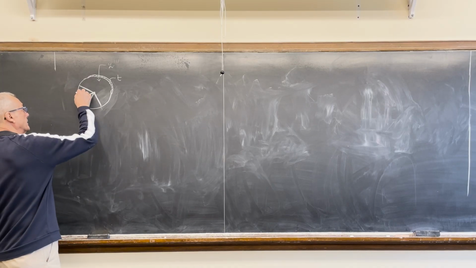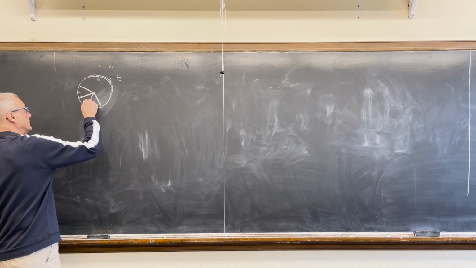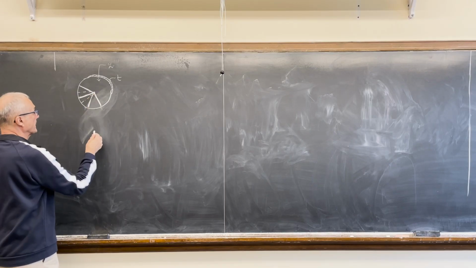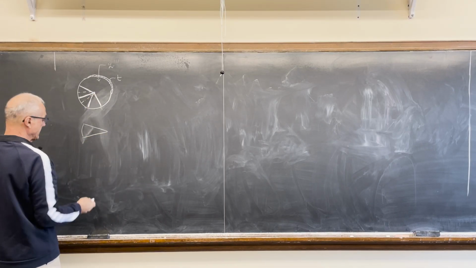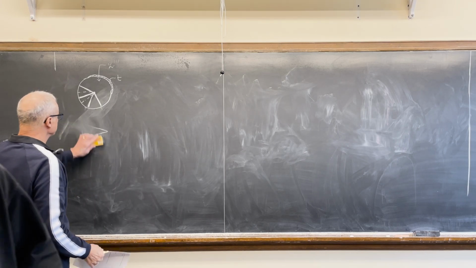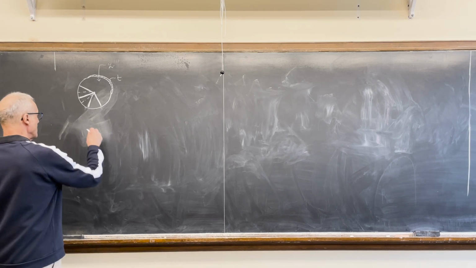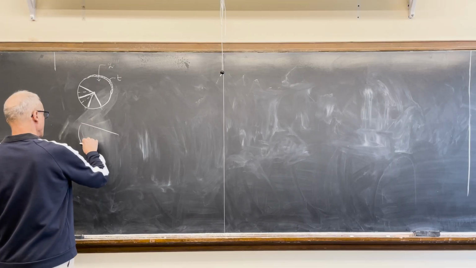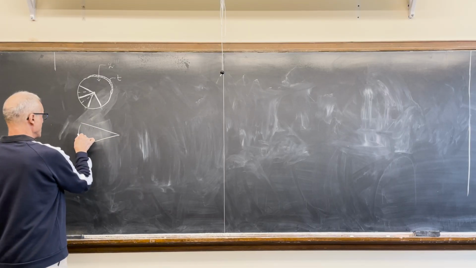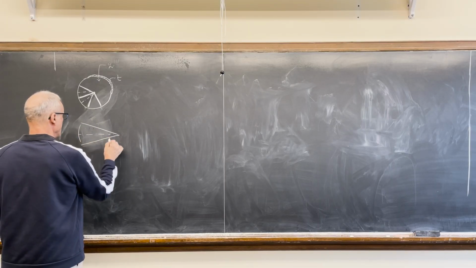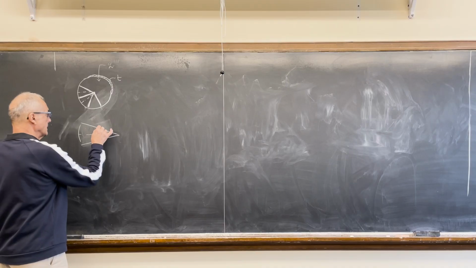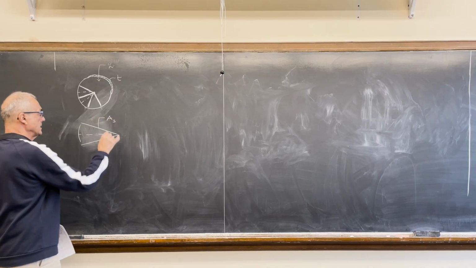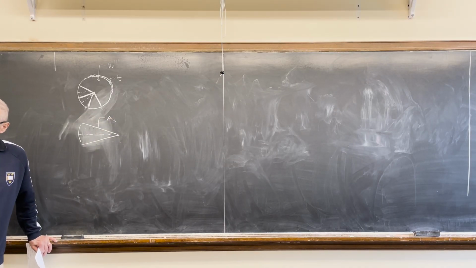And here is a sector. I'll draw that sector here. In fact, let me draw it much bigger. And this sector has a size which is called area sub S, S from sector.